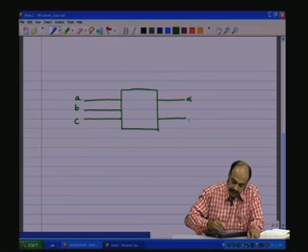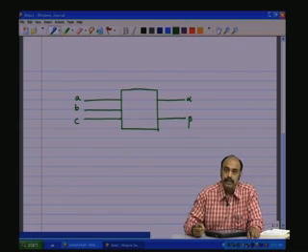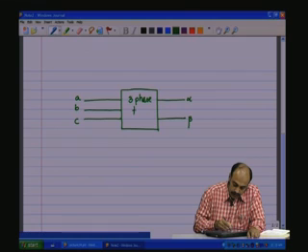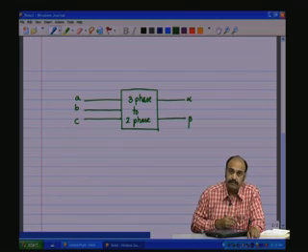I will call this one alpha and beta. So, what this transformer does is a 3 phase to 2 phase conversion.